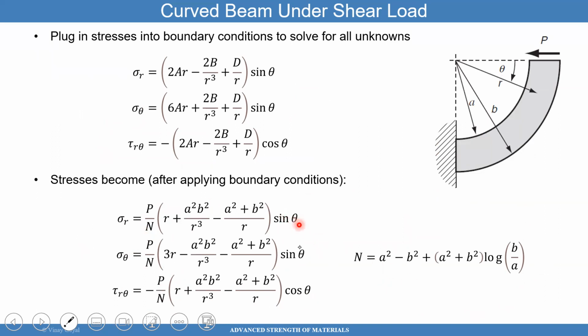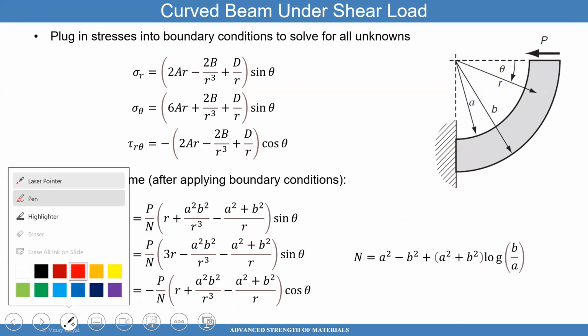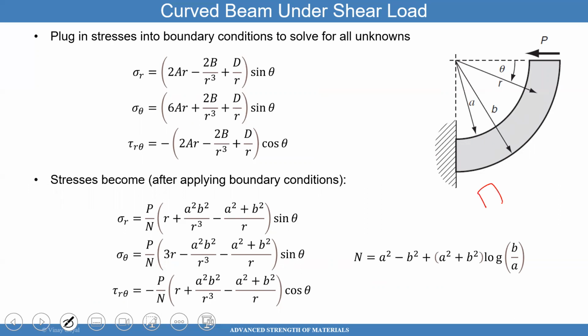And notice how theta shows up now and how the radius shows up. So now when you plot stresses here, they become a function of theta and r. So the radial stress varies, but now shear stress also showed up. So in the final exam, I could ask you, hey, do this problem, but tell me how to use Mohr circle for this. You should be able to do it because you can draw a square, and get what the value is at that point.